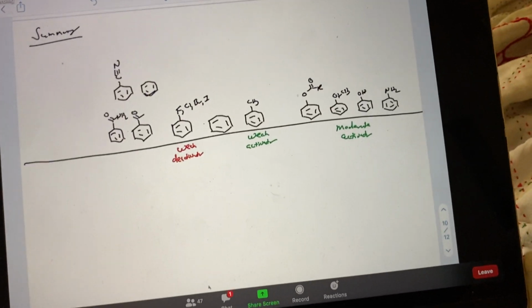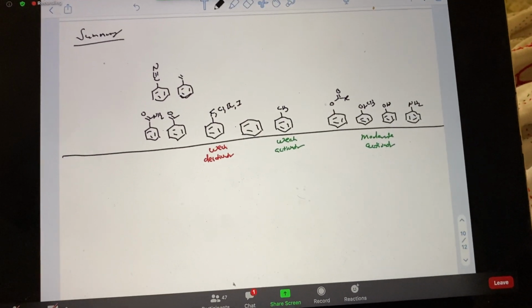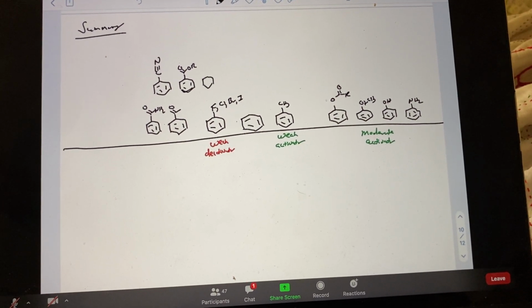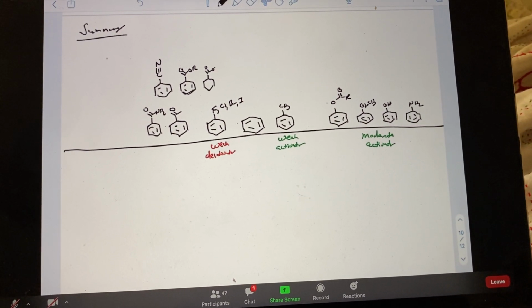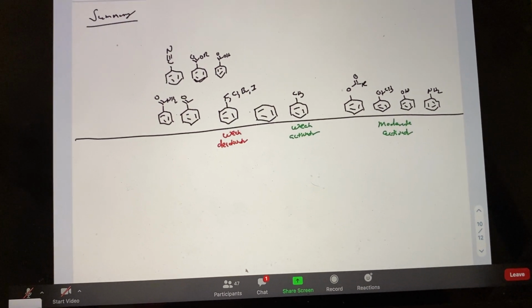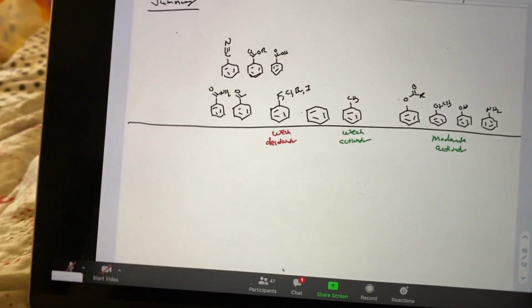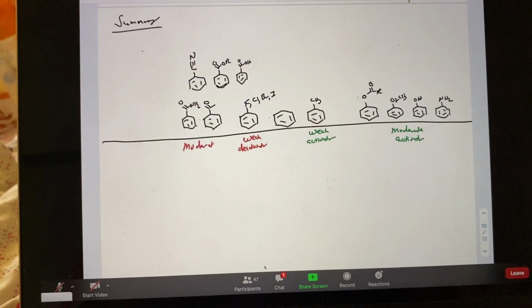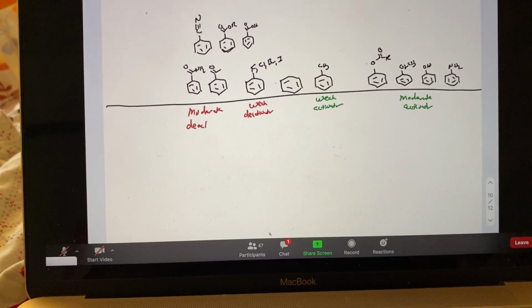This ester, or a carboxylic acid. So these are all going to be groups now that are moderate deactivators.